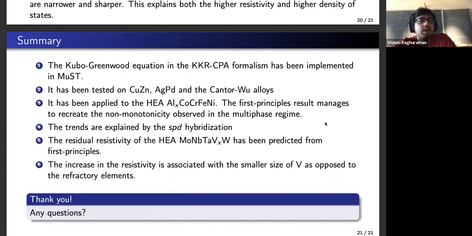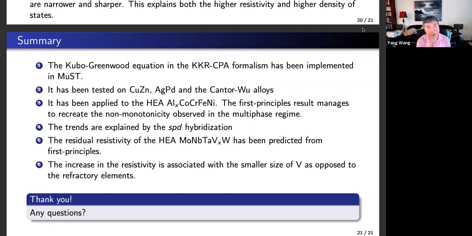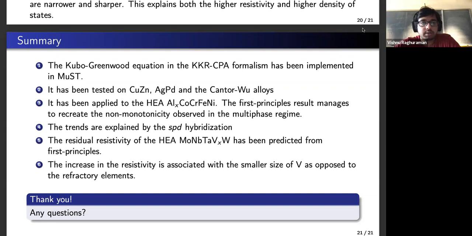I think with the symmetrization of the Brillouin zone, the calculations don't really take much time. For CPA, so that's 2 hours for each concentration for the conductivity calculation. Yeah, each concentration, 2 hours, each single calculation.